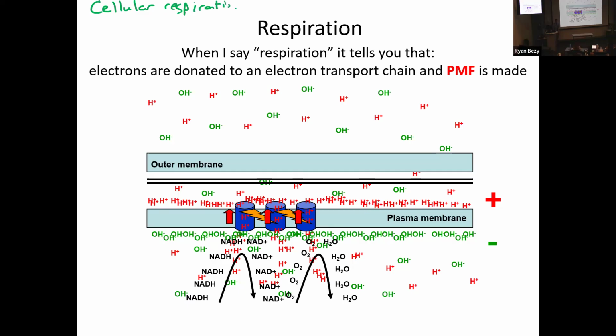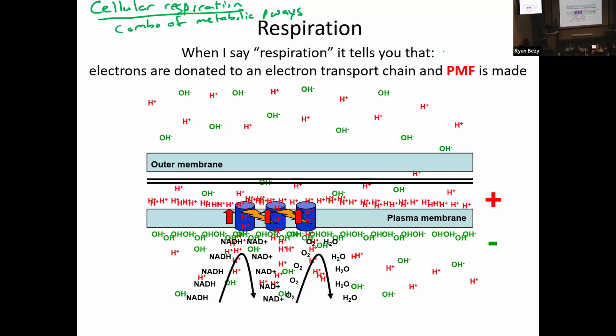Cellular respiration is actually a combo of metabolic pathways. So when we say the term cellular respiration, this is actually a series of connected metabolic pathways.